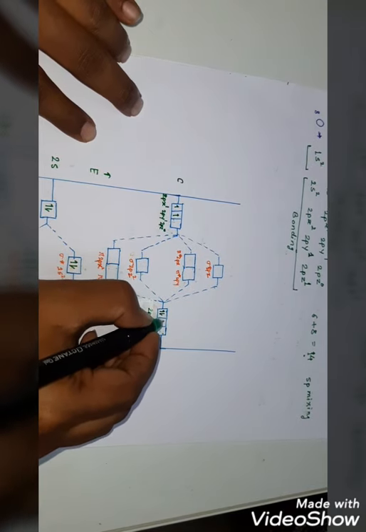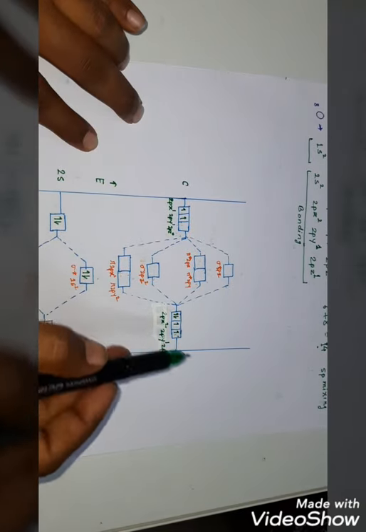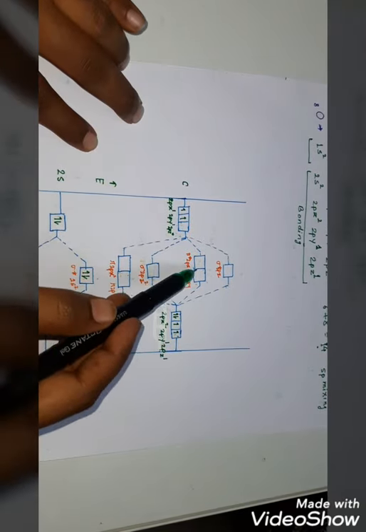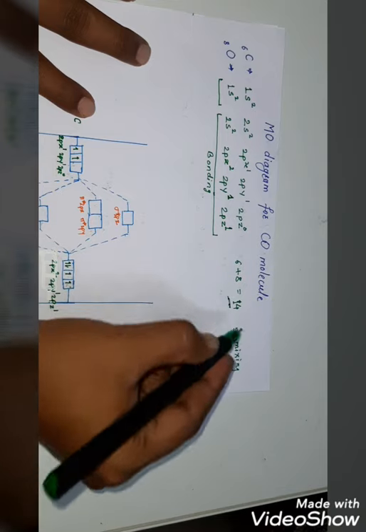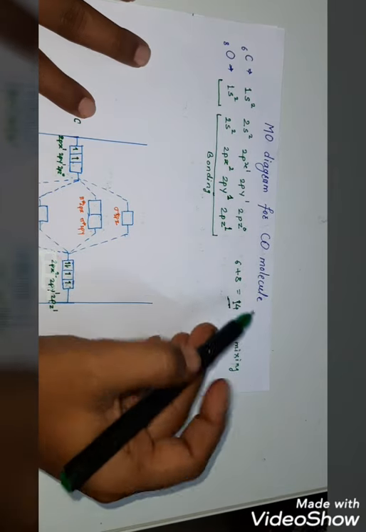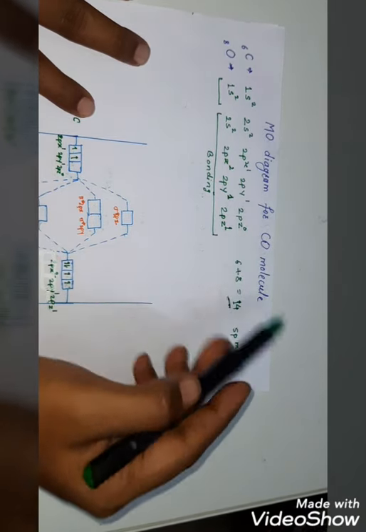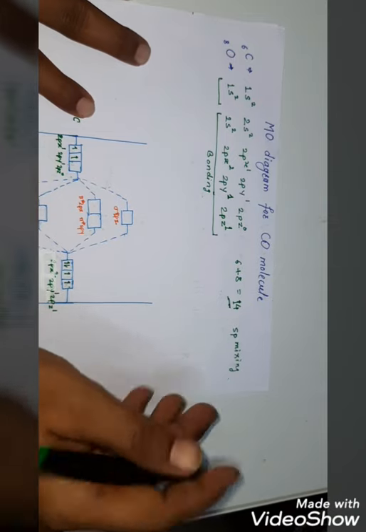So we have a total of 6 electrons, and we have to put these 6 electrons in these energy levels. As you can see, there are a total of 14 electrons in the CO molecule, so sp mixing takes place. What happens in sp mixing?